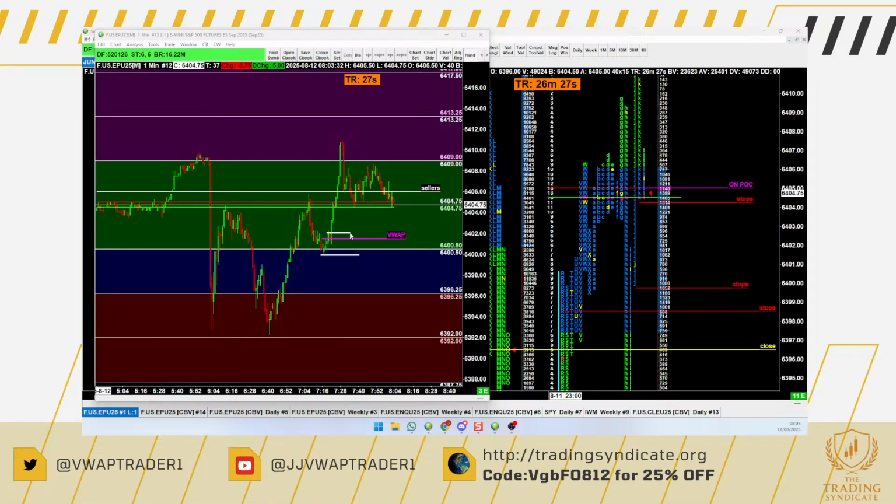If you are long inventory at 6401, and somebody comes and offers it underneath 6400, should you be holding inventory when someone's offering it lower?